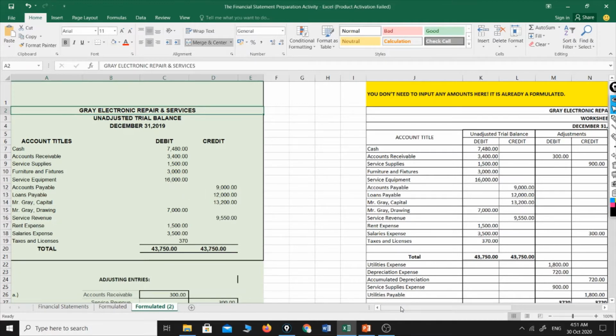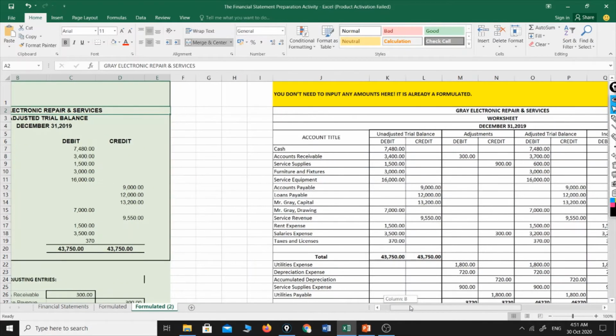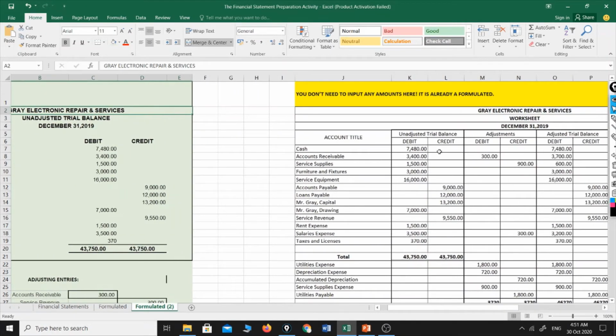So this is our worksheet here. The first thing that you should do, of course, don't forget to write the heading. The first line is the name of the company. The second line is the worksheet. And the third line is the date.